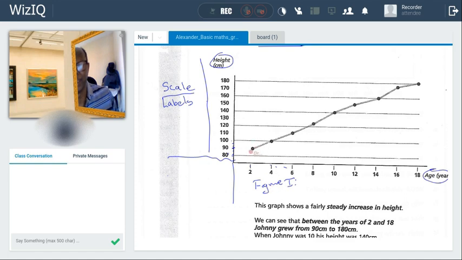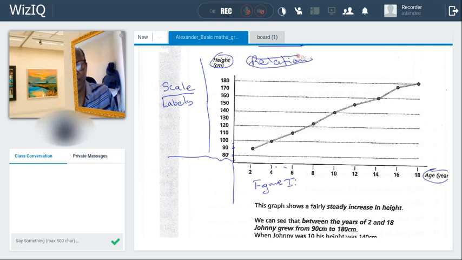Okay. So what you are looking at here is also called the relationship, the relationship between the age and the height of a child. At one point we're going to be talking about this relationship in maths.